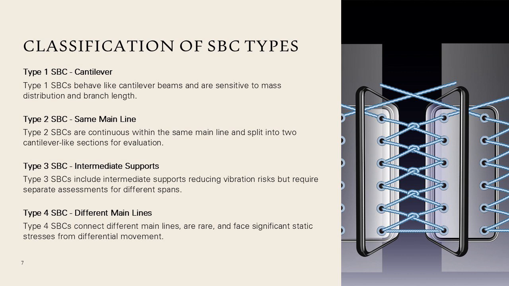Type 3 SBCs incorporate intermediate supports, which alter natural frequencies and reduce vibration risks but necessitate separate assessments for initial and subsequent spans. Type 4 SBCs, which connect different main lines, are uncommon and discouraged due to significant static stresses arising from differential movement. Understanding these classifications is critical for accurate LOF estimation and effective risk mitigation.